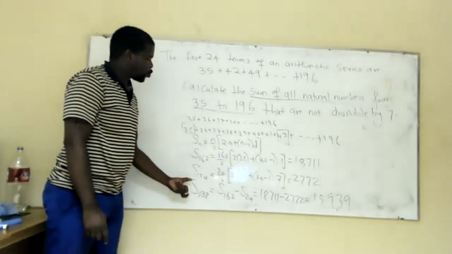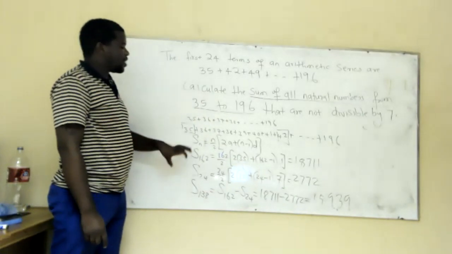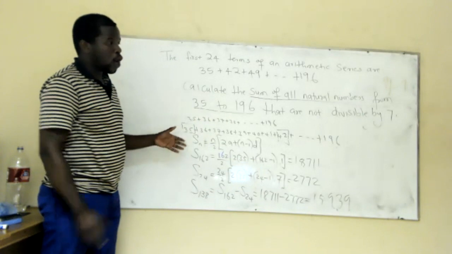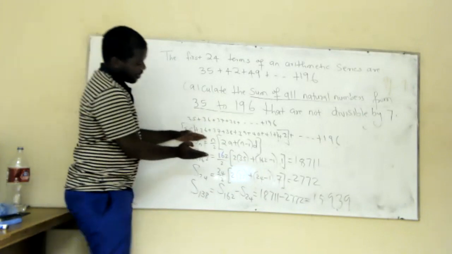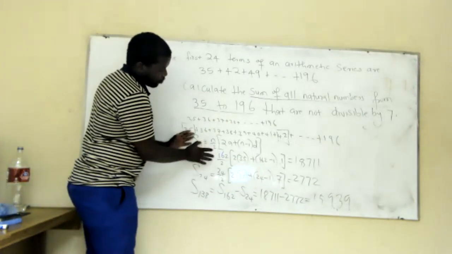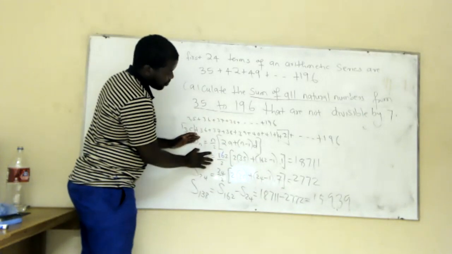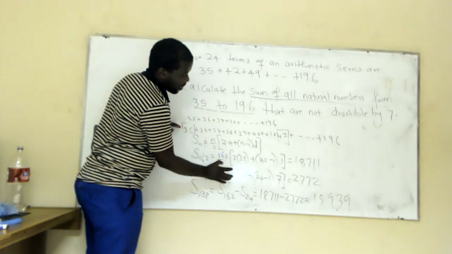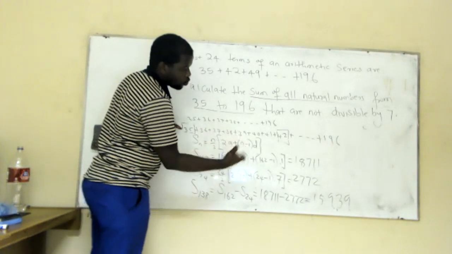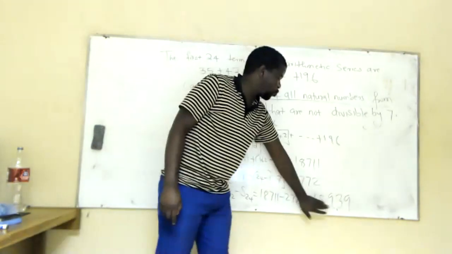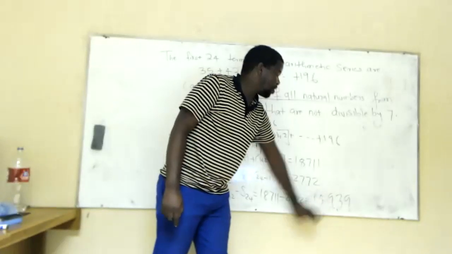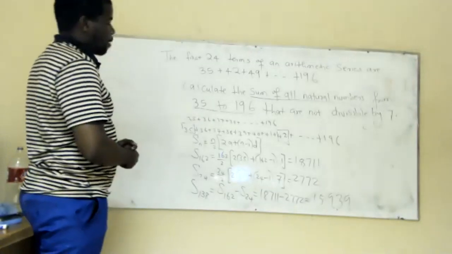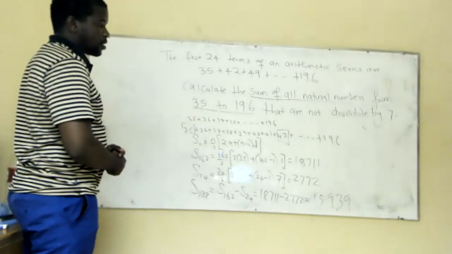Then to get the summation of the terms which are not divisible by 7, you subtract the terms which are divisible by 7 from everything. And then you will be able to get the sum of those terms which are not divisible by 7. That's how you're supposed to go about this question.